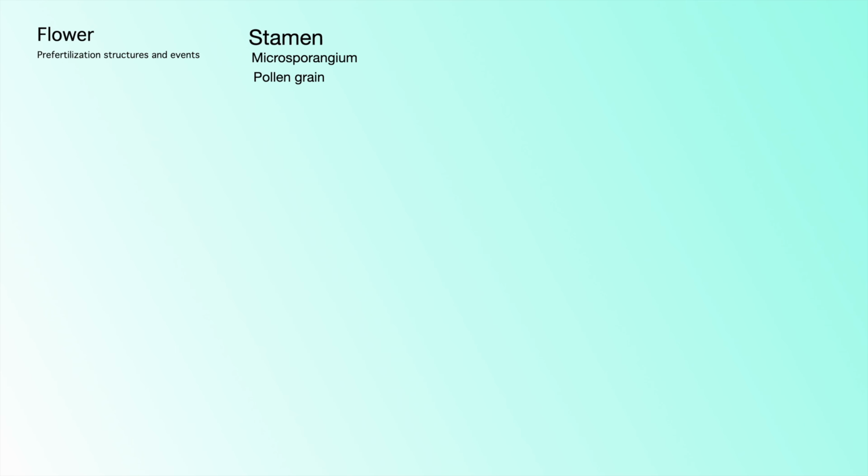This specialized tissue, that is microsporangia, develops further to become pollen sacs. And inside these pollen sacs, we will see pollen grains.